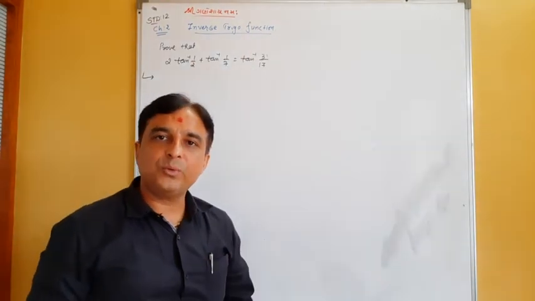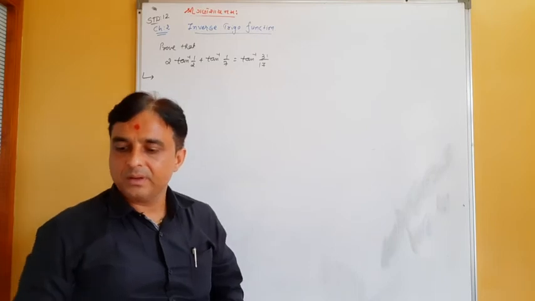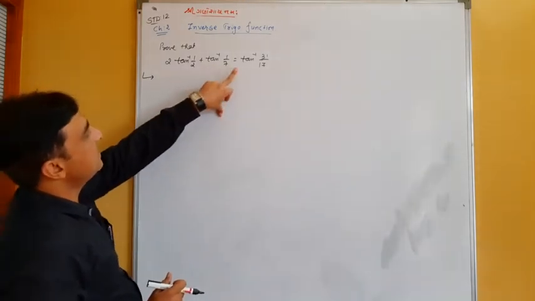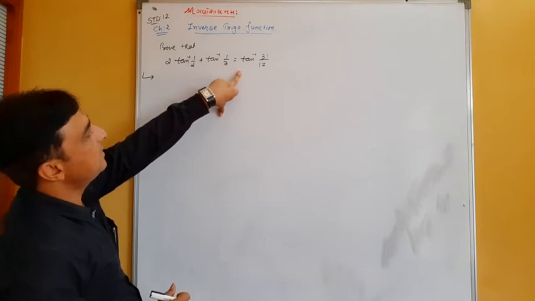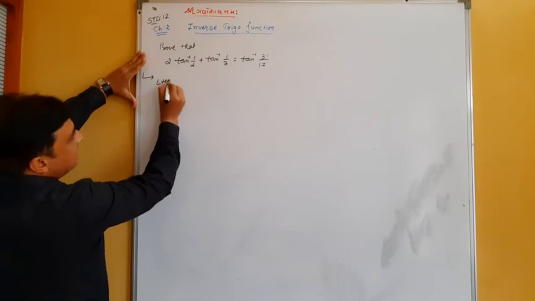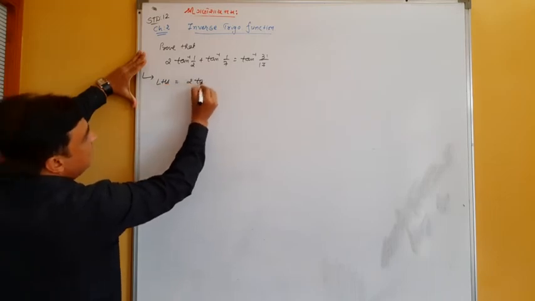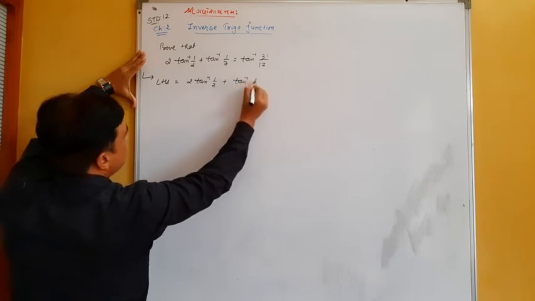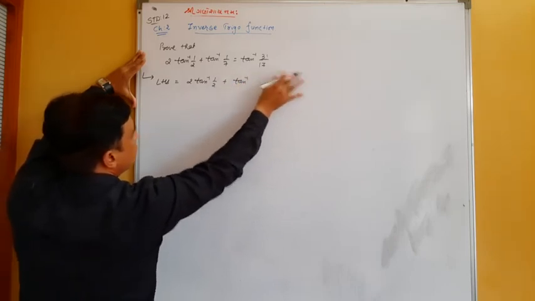See exercise 2.2 question 4. Prove that 2 tan inverse 1 by 2 plus tan inverse 1 by 7 equals tan inverse 31 by 17. So let the left hand side equal 2 tan inverse 1 by 2 plus tan inverse 1 by 7.